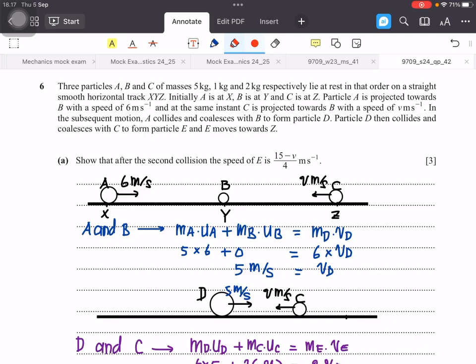Now for the first collision between particles A and B, we use the momentum conservation law.